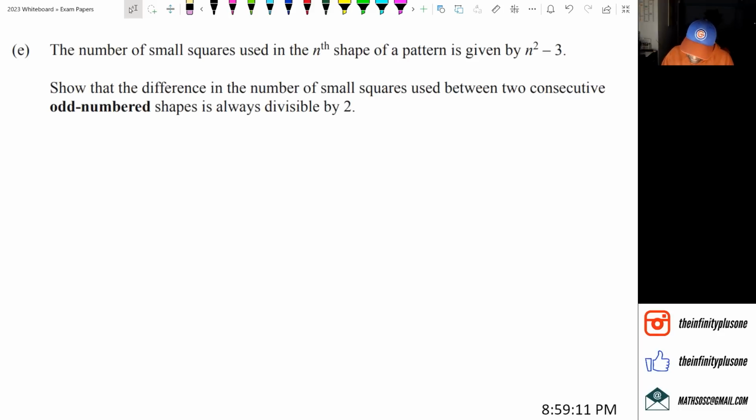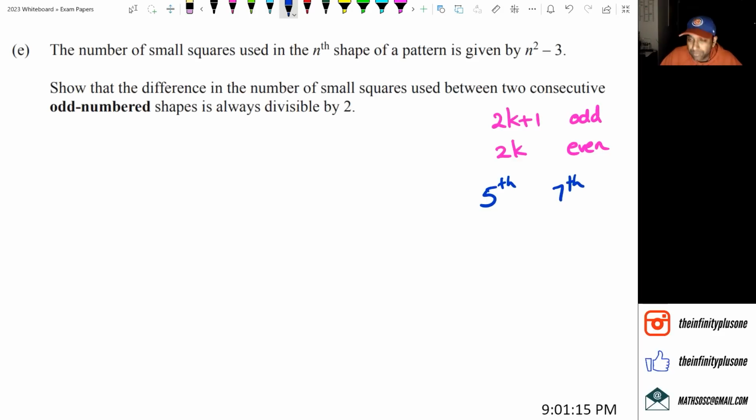So remember guys, any kind of odd number could be written as something like 2k plus 1. It can be written as odd number, and then 2k can be said as even number. I'm actually going to record this part. So let's say I'm going to go with the 5th pattern and the 7th, because if I choose the 5th shape, then the next consecutive odd number would be the 7th shape.